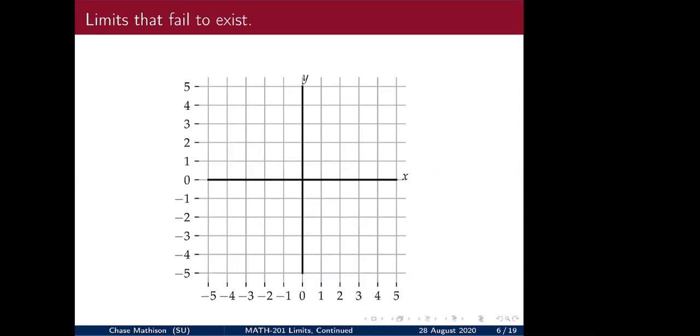If we were looking at something like the limit as x goes to 1 of 1 over x minus 1. Well, this function, if I draw it, and you will learn how to draw functions like this in a pretty precise way, just from a few bits of information.